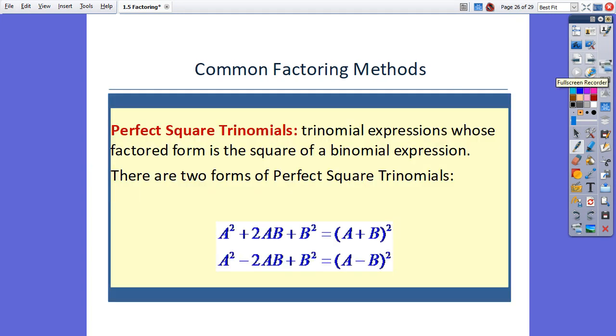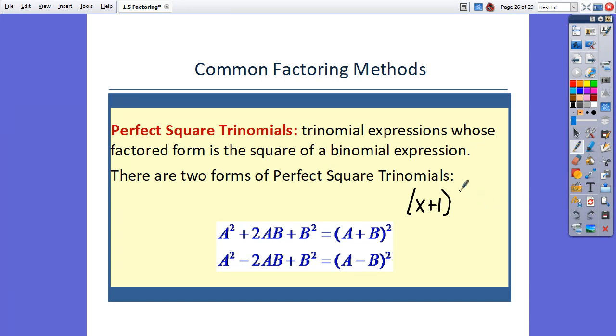Perfect square trinomials. For this one, there are formulas for them. We don't do a lot of memorization of these formulas. So what we do is we recognize if we get something like, let's say, x plus 1 times x plus 1, there's a better way of writing that. Okay, I think most of you will see that.